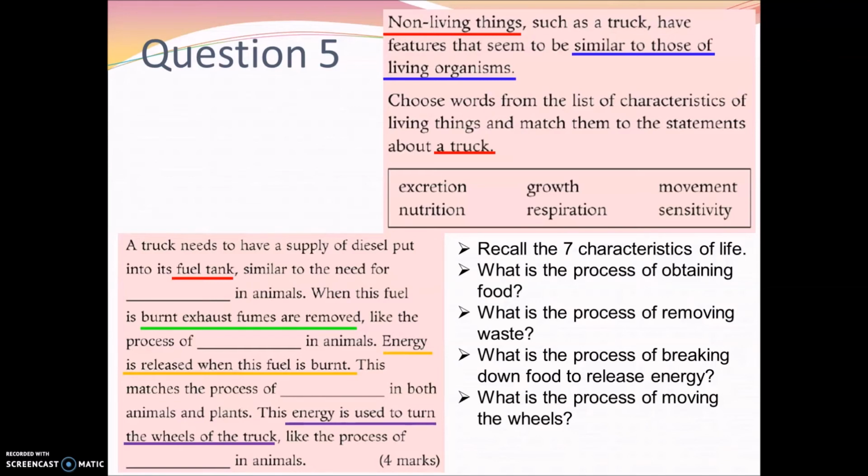And then energy is released when the fuel is burned. So in animals and in plants, once the food is broken down, energy is released. What is the process? And finally, the energy is used to turn the wheels of the truck, so make the truck move. So what is the process of moving the wheels, or for animals to move? What is the process of moving?